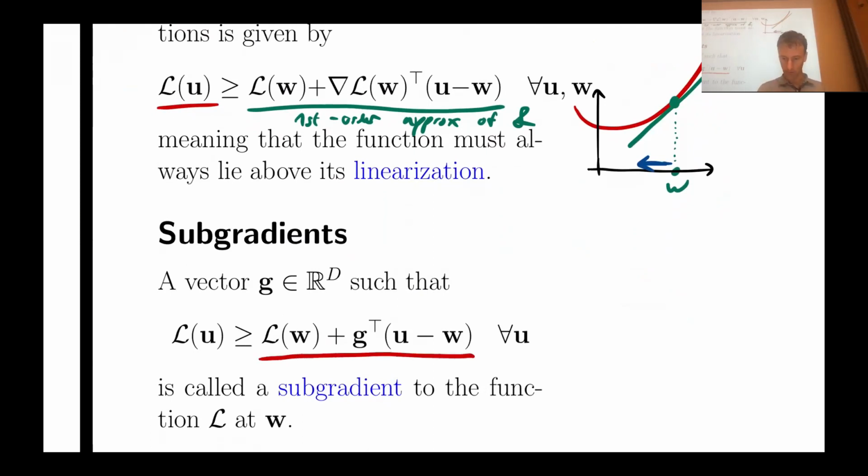You just ask, does there exist such a vector G such that your function is above the linearization defined by this G vector? So here the gradient took this role, and here you just ask, is there a G, any vector, which does the same thing?